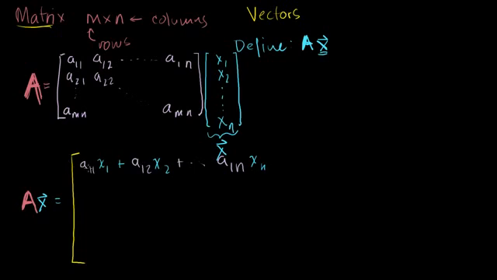So that's just the first entry. So the product of this m by n matrix and this n component vector will be a new vector, the first entry of which is essentially each of these entries times the corresponding entry here, and you add them all up. And as you can see, that's already looking fairly similar to a dot product.